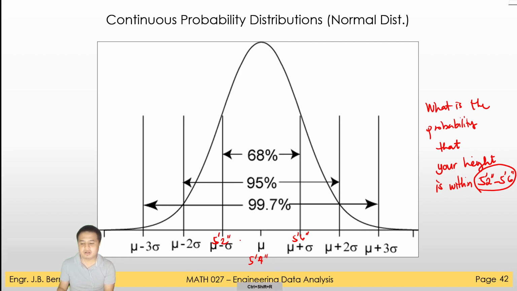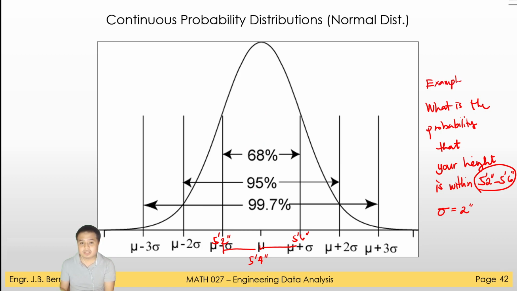So if you're trying to find the probability that your height will be this, assuming that your population standard deviation is equal to 2 inches, meaning the distance between this is 2 inches, then you can estimate that there is a 68% chance that you will be within this height.